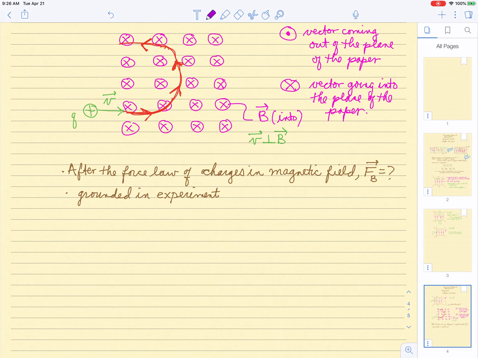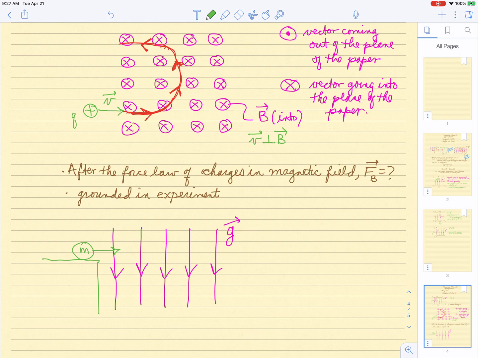If we were to go back and throw a ball or shoot a ball off a step into a gravitational field, so here's some mass, and we're shooting it into this gravitational field. This could very well be a step. Remember paradigm 1, for those of you who were with me first semester.